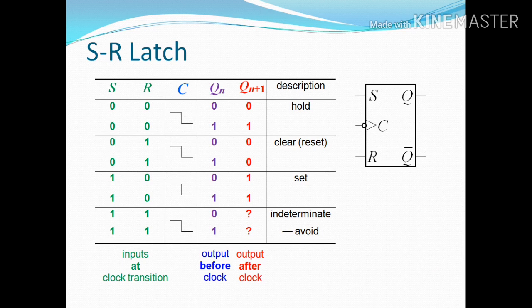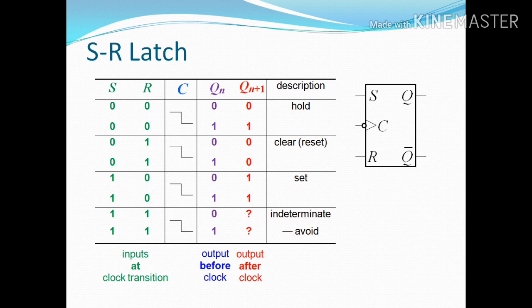And if it is 0 1, that means set equals 0 and reset equals 1, then it will be clear, because whatever the Qn value, our previous value, whether 0 or 1, we will get 0. And just the opposite, when set is 1 and reset is 0, then Qn whatever, it will always give us 1. That means it will set.